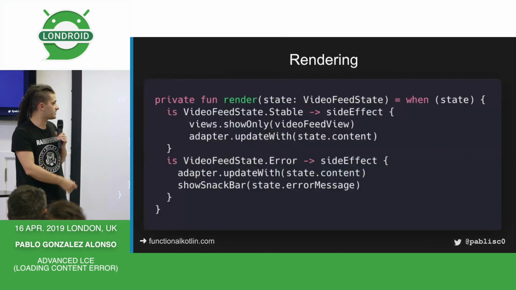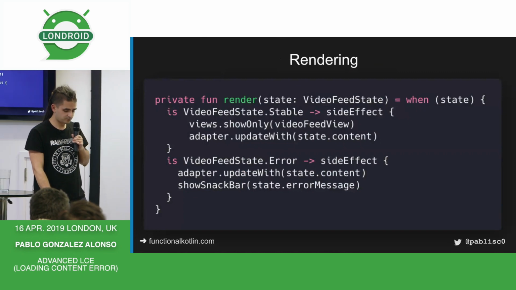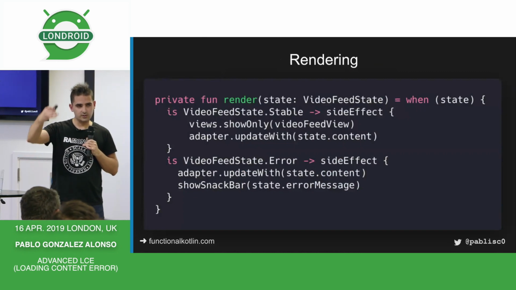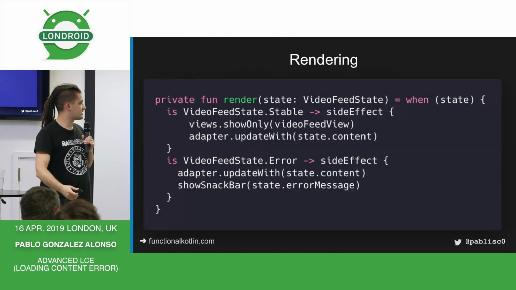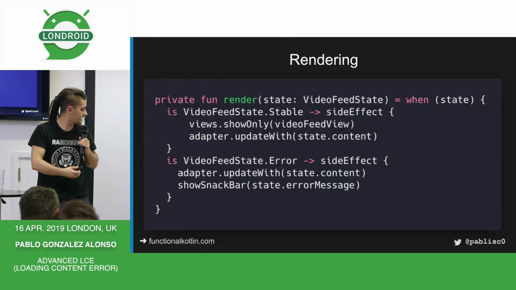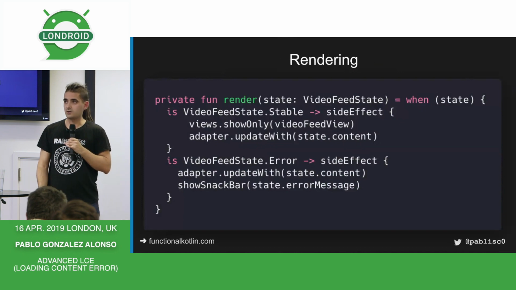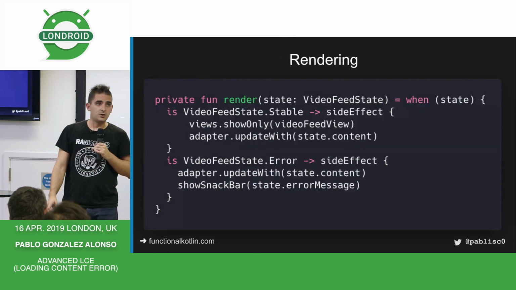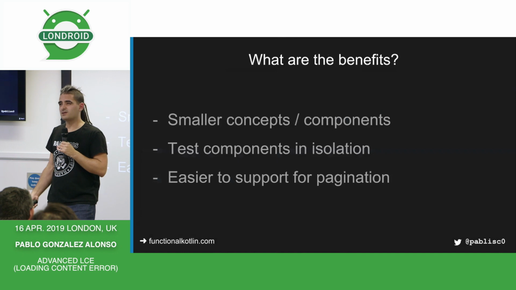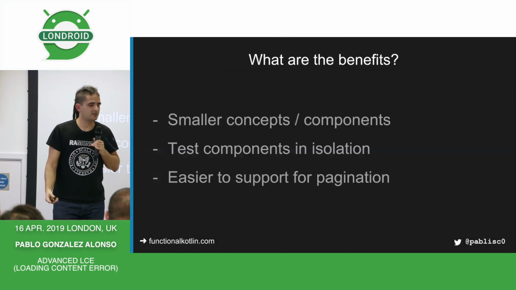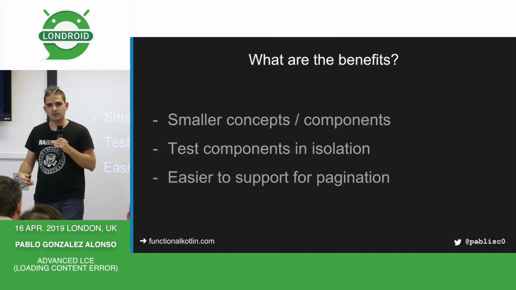And then when we want to render it in your fragment or wherever you're loading all the views, you basically pass it on to another component. In my case, I was doing that in the adapter. So then you let the adapter do all the hard work. So, what are the benefits of doing this? Well, as I said, you have smaller concepts and smaller components.